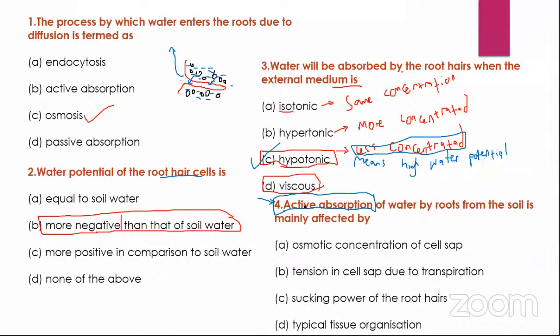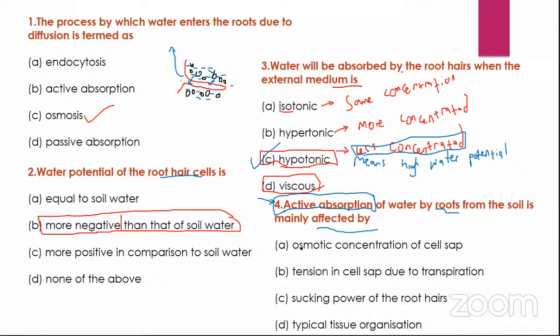So active absorption of water by roots from the soil is mainly affected by: osmotic concentration of cell sap, tension in cell sap due to transpiration, sucking power of the root hairs, and typical tissue organization.